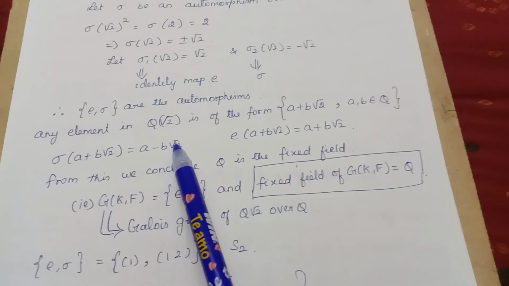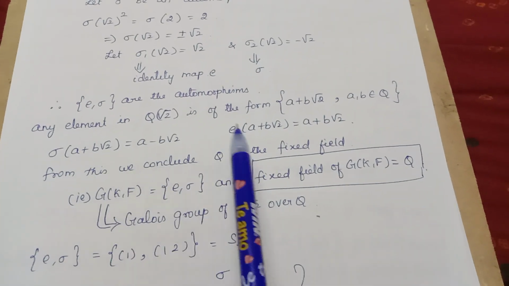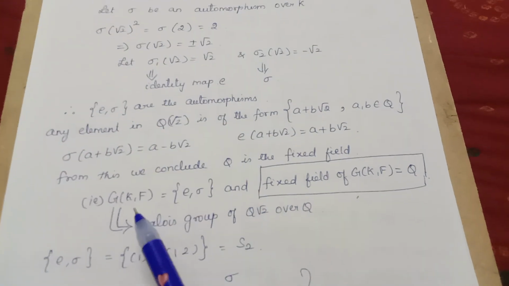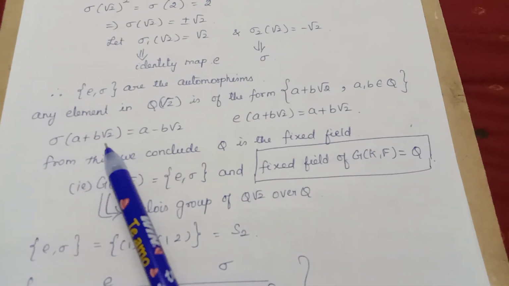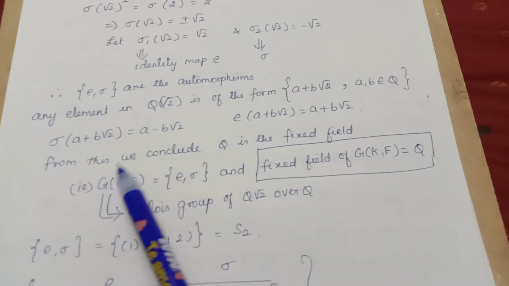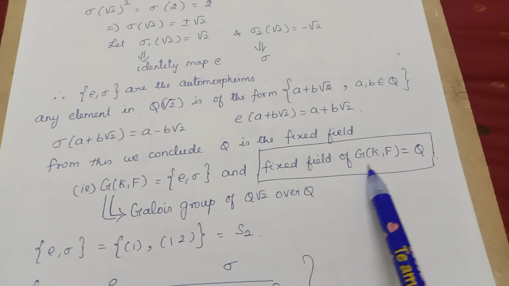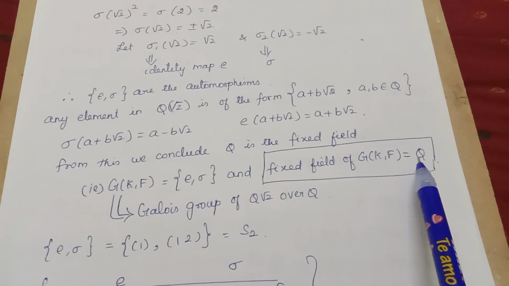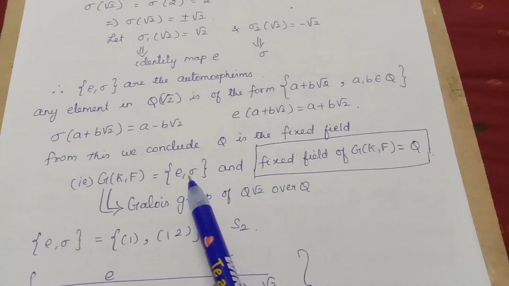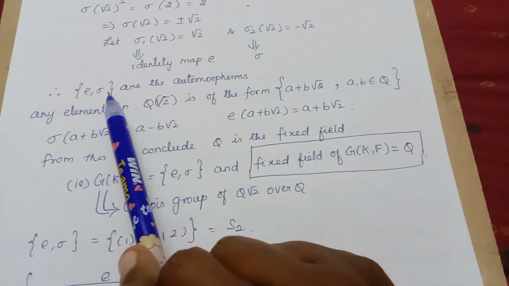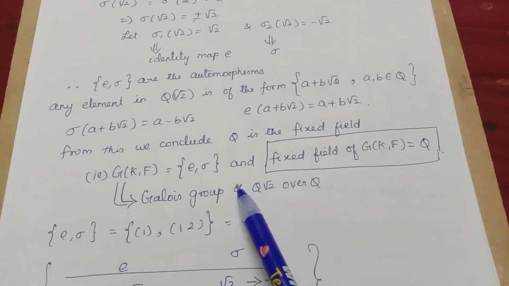Then only we will get sigma of a equal to a and E of a equal to a. So what do you mean by that? This leaves only rational numbers fixed. That means Q is the fixed field. Therefore, the fixed field of G(K, F) equal to Q. And what is the Galois group? Galois group equal to {E, sigma}. The Galois group contains only two elements, right? And the fixed field is equal to Q. So two answers we found out here.